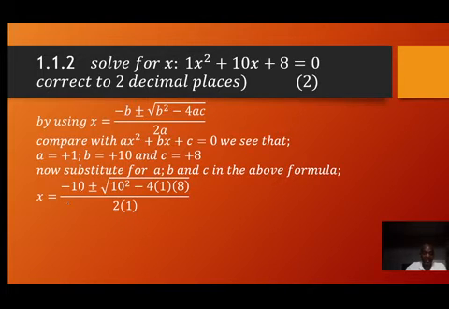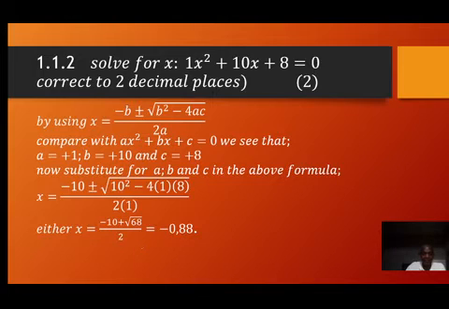Now here this is plus or minus, which means that we're going to first deal with a plus, then when we are done we deal with a minus. On your calculator you can first punch in minus 10 plus the square root of 10 squared minus 4 times 1 times 8, divided by 2, which gives us negative 0.88. Because they want the answer to 2 decimal places, that's why we stop at negative 0.88.